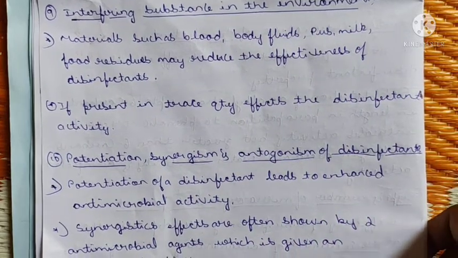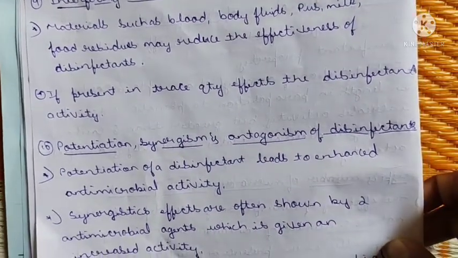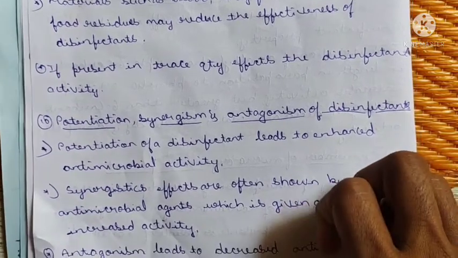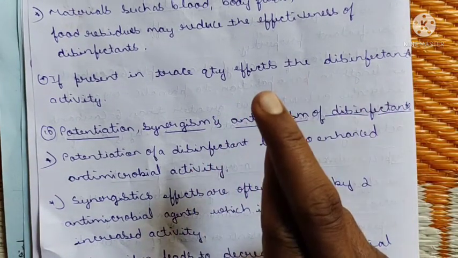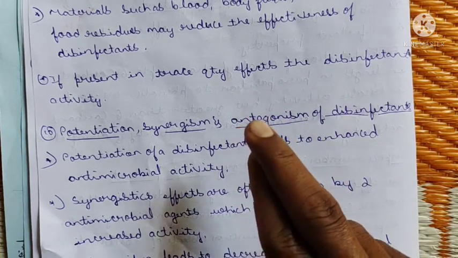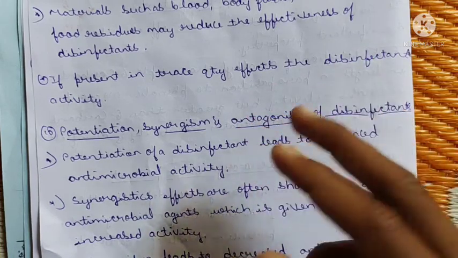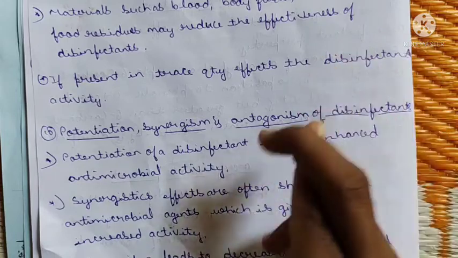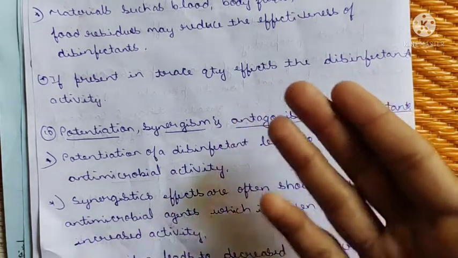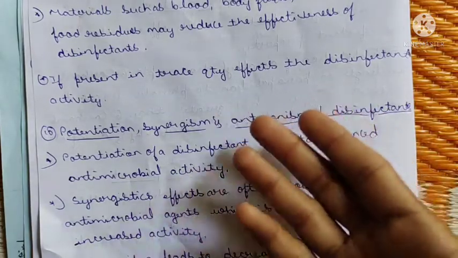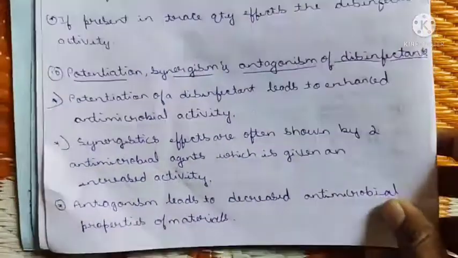Then synergism. Synergistic effects are often shown by two antimicrobial agents given together, giving an increased activity. We are using two types of antimicrobial agents, like chlorhexidine with alcohol, or chlorhexidine with an aldehyde, and that will increase the activity. It is also a factor.